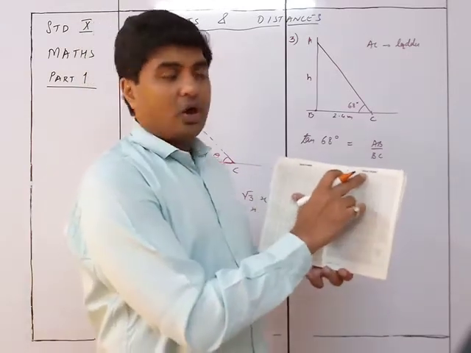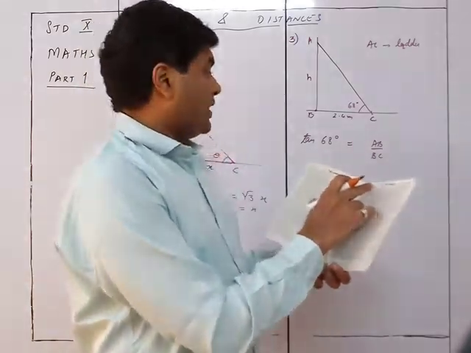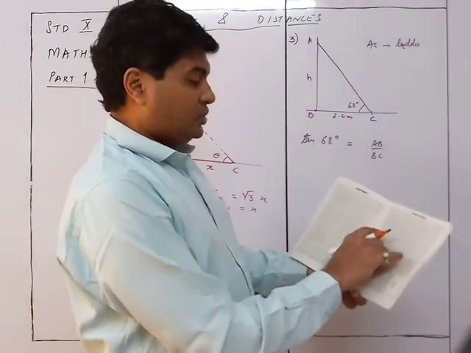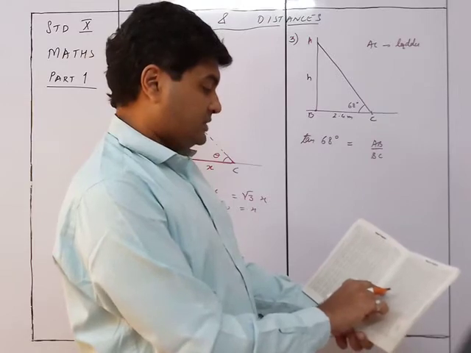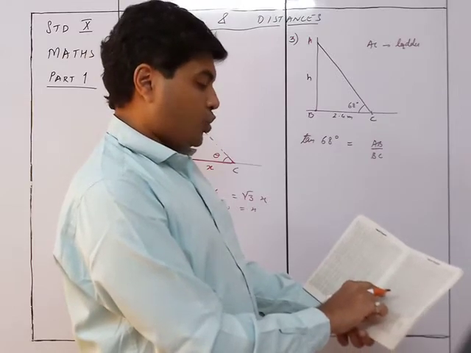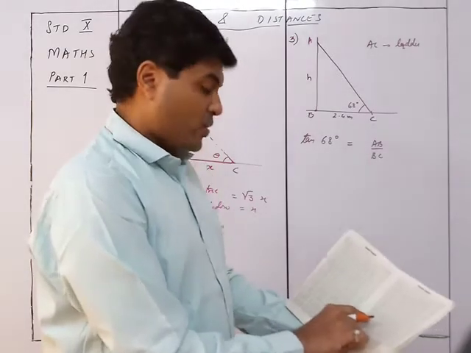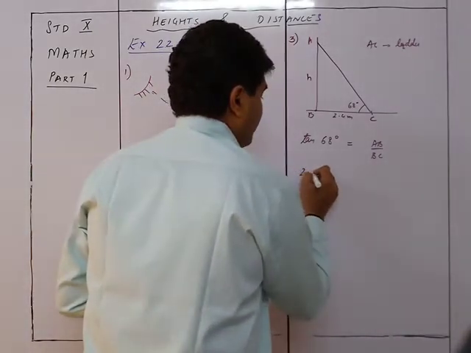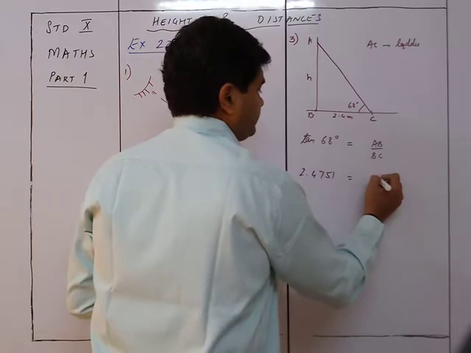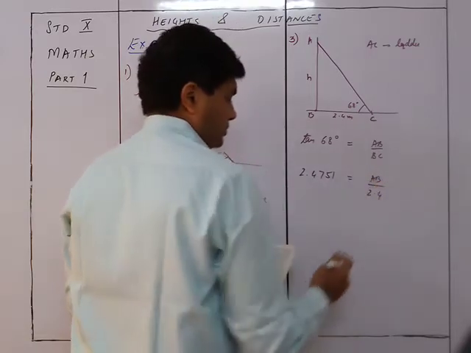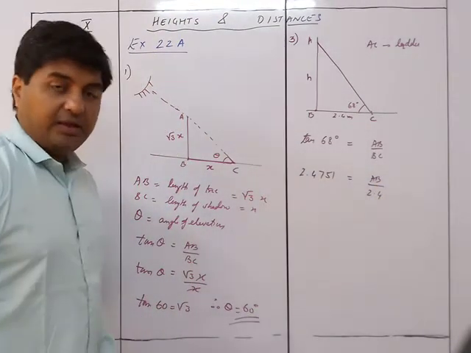In natural tangents you are looking for 68. The value of 68 in natural tangents is 2.4751. So 2.4751 is equal to AB upon 2.4.